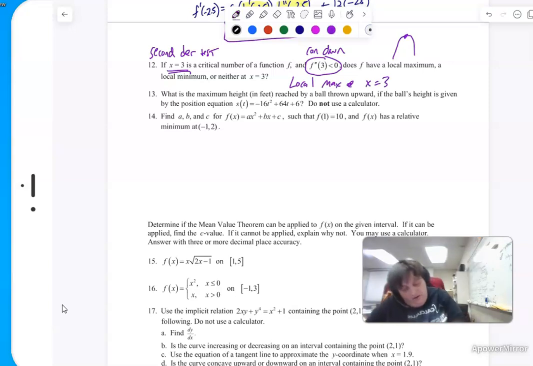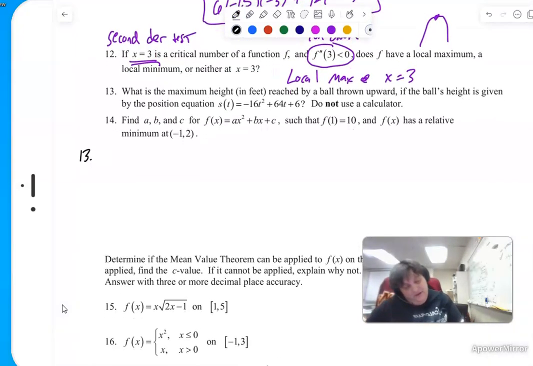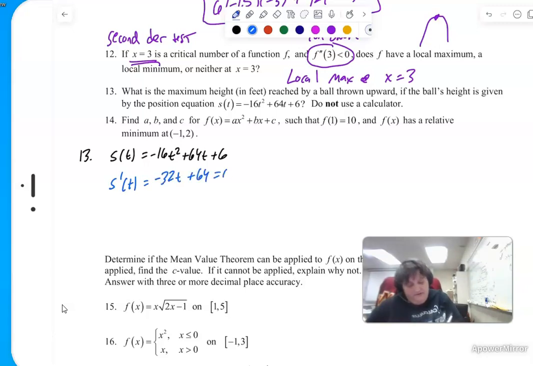Okay. Let's see if I can fit 13 over here. What is the maximum height reached by a ball thrown upward if the ball's height is given by this position equation? Do not use a calculator. We know that to maximize things, we just take the derivative, set it equal to 0, and solve it.